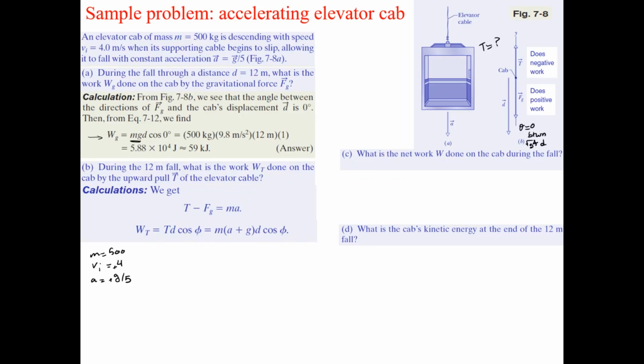One thing I'm going to do is try to find the tension force, because the acceleration is constant. I can use F net equals ma, and F net, I'll take that along the y direction. Along the y direction, tension is positive and weight is negative. So I'll put plus T minus gravity equals ma.